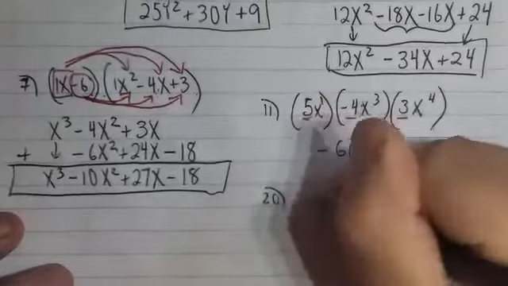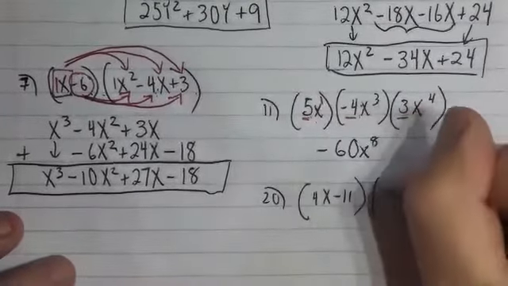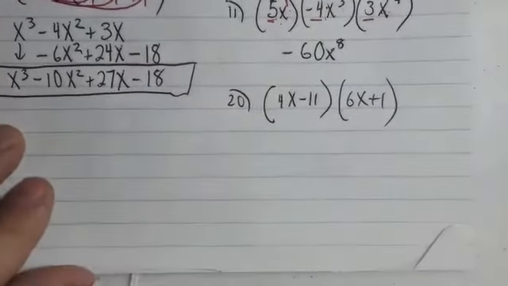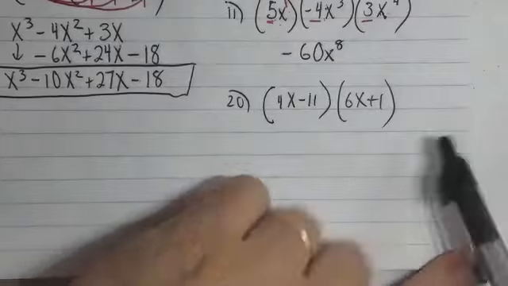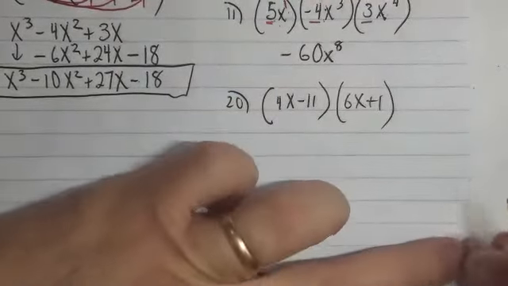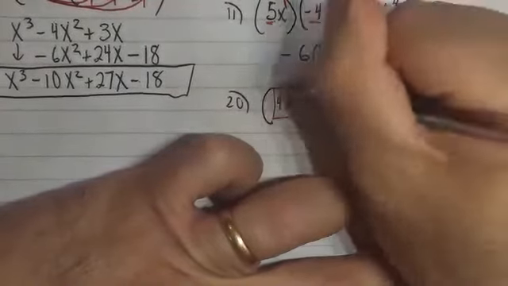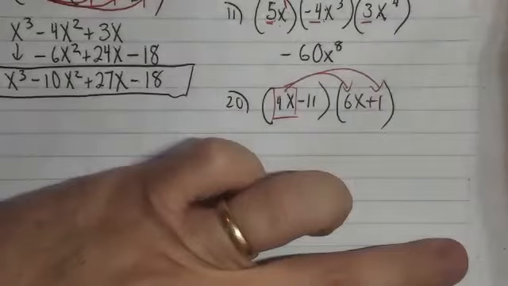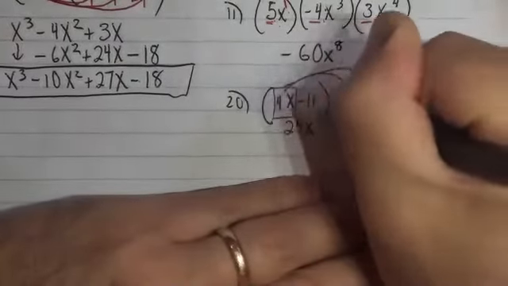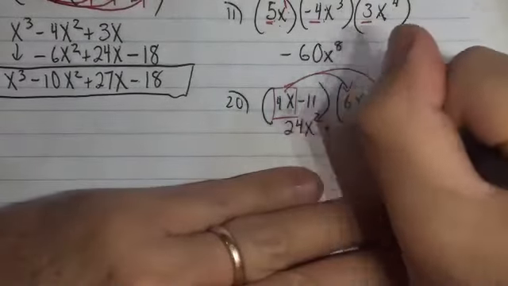And the final example, we have a binomial with a negative and a binomial with a positive. Just to make sure we have examples every time. So let's take my first term, multiply it to both terms in the second. 4x times 6x gives me 24x squared. 4x times 1 gives me 4x.